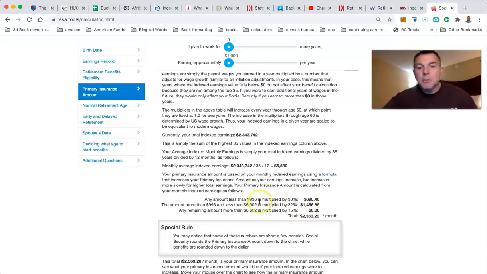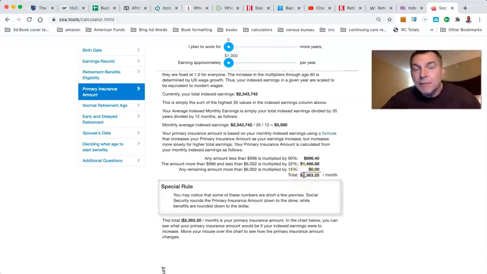So my first $996, I'm going to get $896 from it. For the next amount, which is essentially 5,580 minus 996, roughly $4,500, I'm going to get 32% of that. So my PIA, if I stopped working today, is $2,363. That's the amount I'll get at my full retirement age.